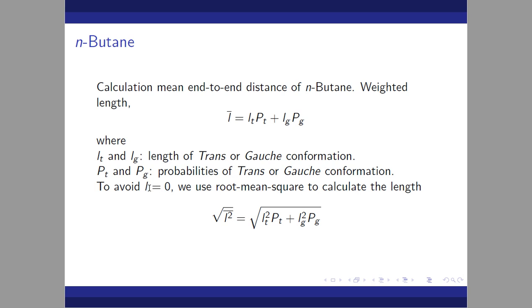To avoid L equal to 0, we use the root mean square to calculate the length. So the square root of L squared bar equals L trans squared P trans plus L gauche squared P gauche. So we have this length, the average length of this N-butane.